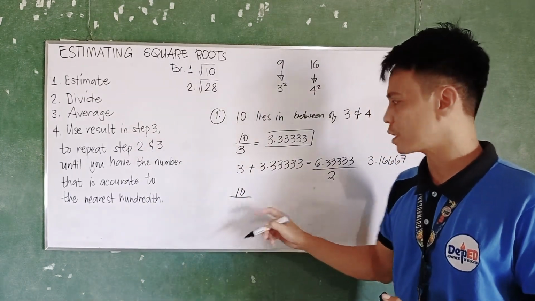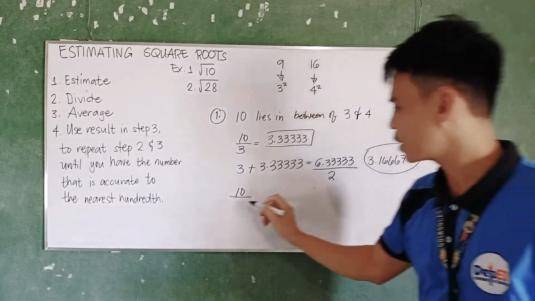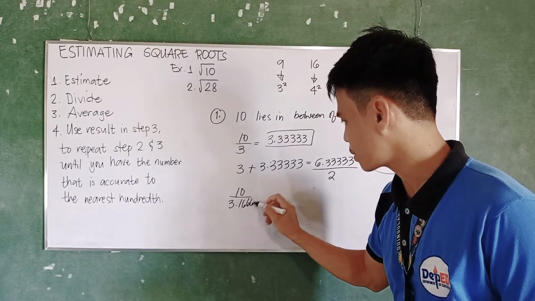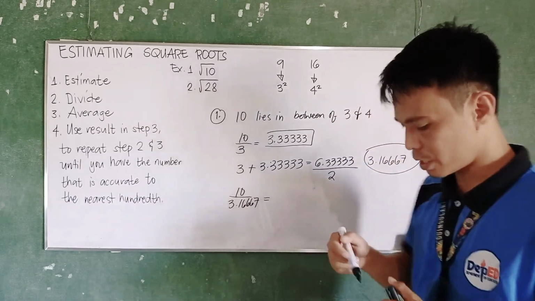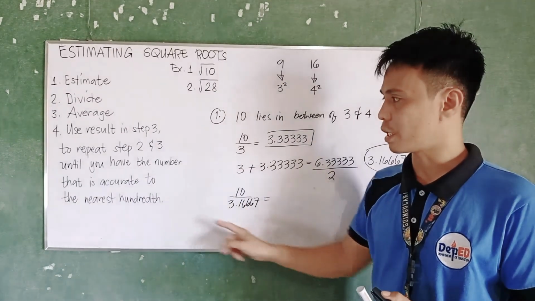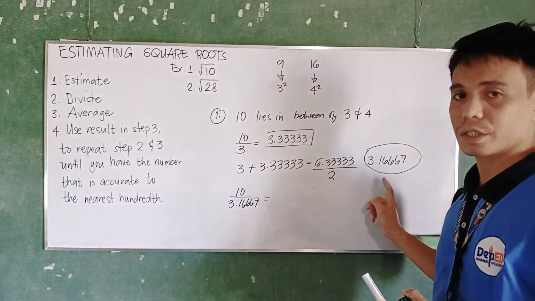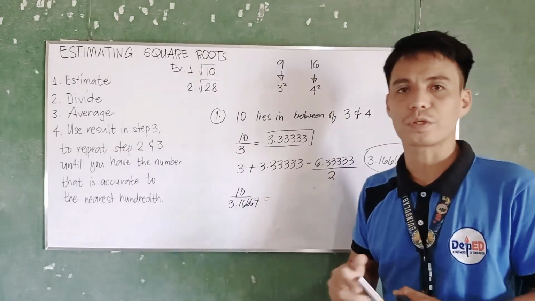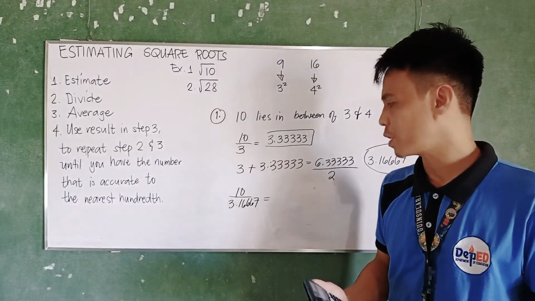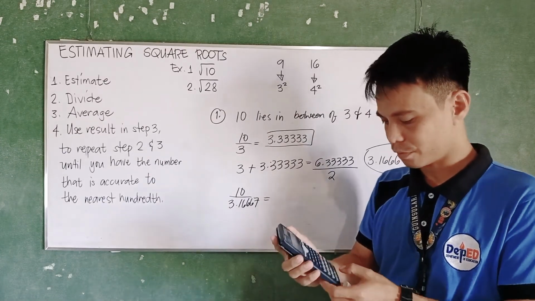Yung divisor naman natin is 3.16667, the average answer we computed a while ago. Okay. So therefore, 10 divided by 3.16667 using your calculator.